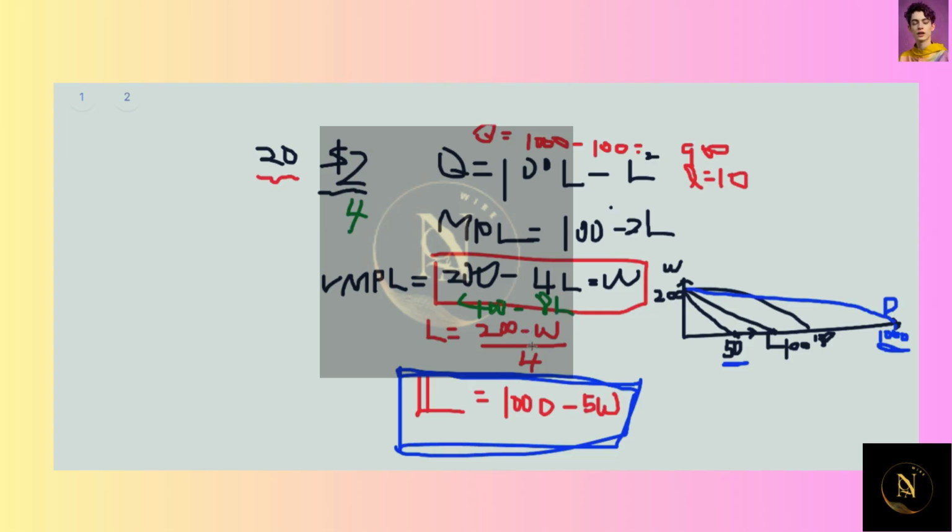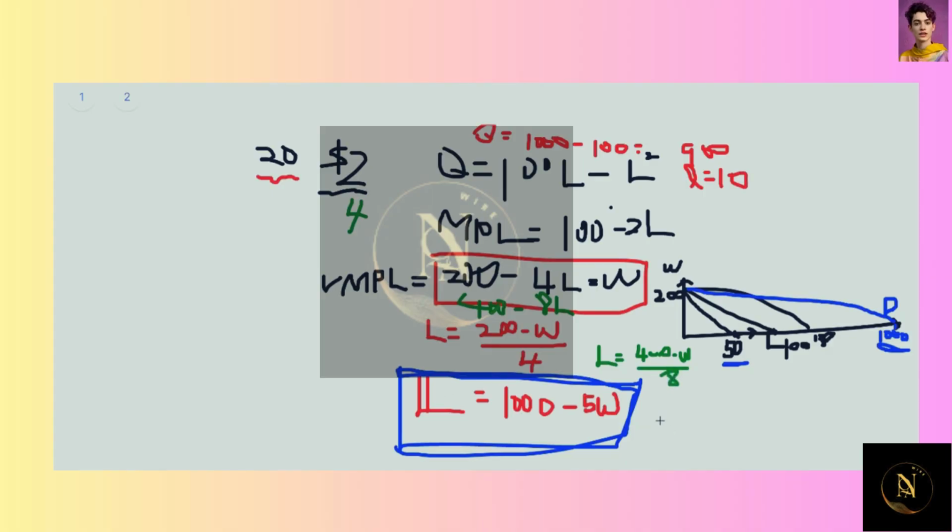So this new labor demand and wage relation is going to be, like, 400 minus W. Oh, no, I was wrong. So we have this new small l equals 400 minus W divided by 8.